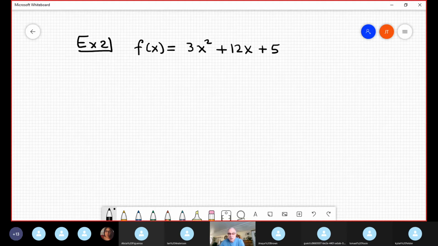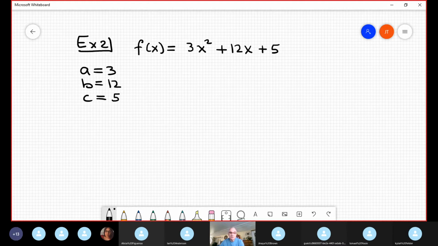The clue to understand this is quadratic is because we have this square, right? But is this expressed in vertex form or in standard form? Standard, very well. In standard form, I know that A is 3, B is 12, and C is 5.